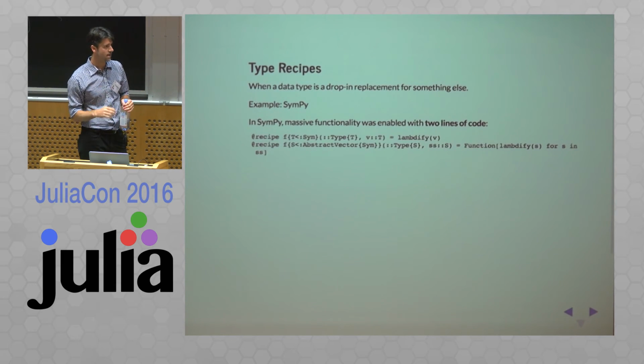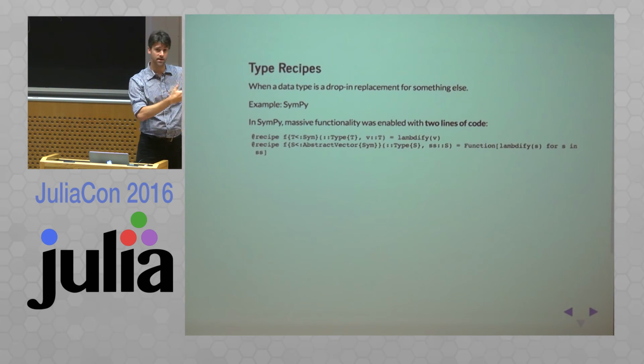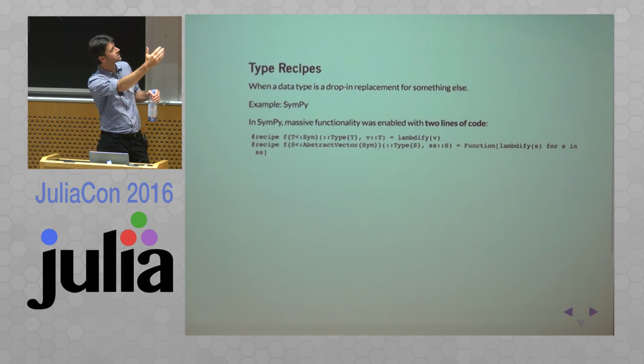Any place that a function in this case is valid in plots, then you could also pass in a type recipe. And again, the only reason it gets to the type recipe is because of the signature. You need it to be of the same type. First you put in type of t, where t is the same type as your object that you're passing in.